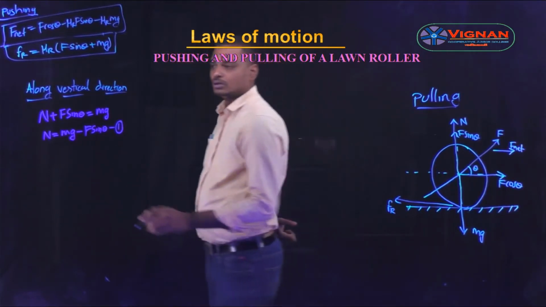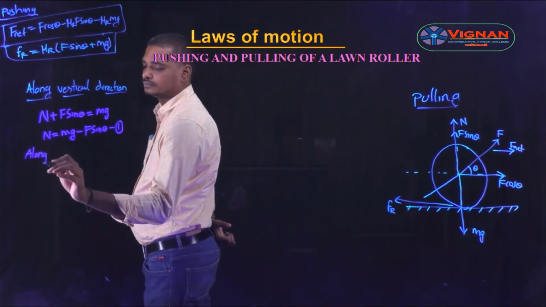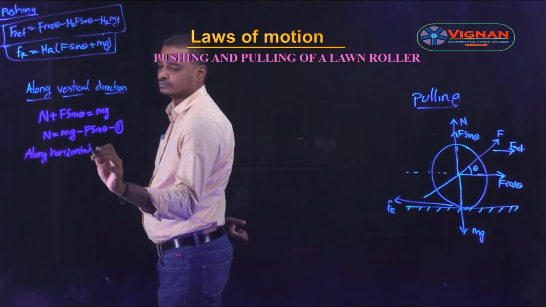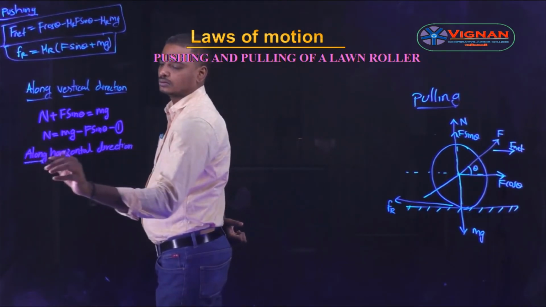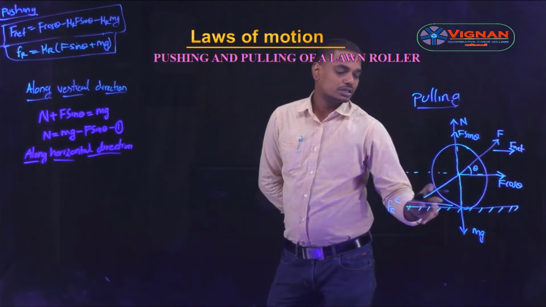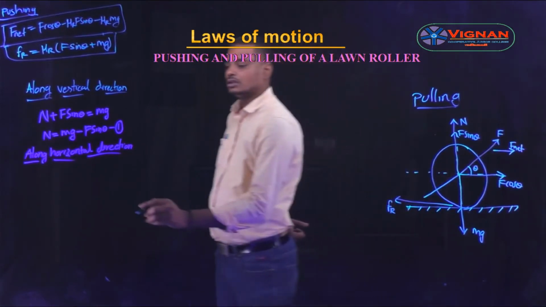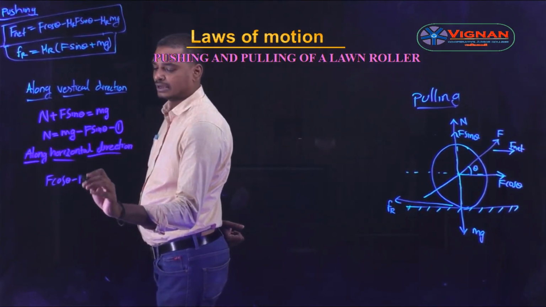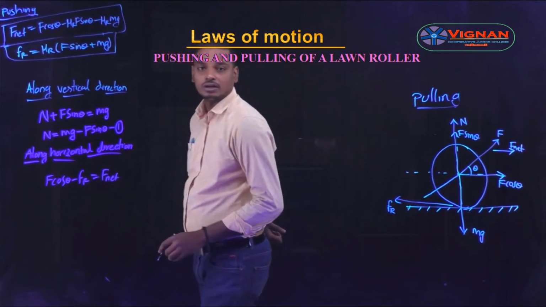Now, along the horizontal direction, there is a force F cos theta here and a frictional force acting opposite to the direction of motion. So the equation can be written as F cos theta minus Fr is equal to the net resultant force acting on the lawn roller.